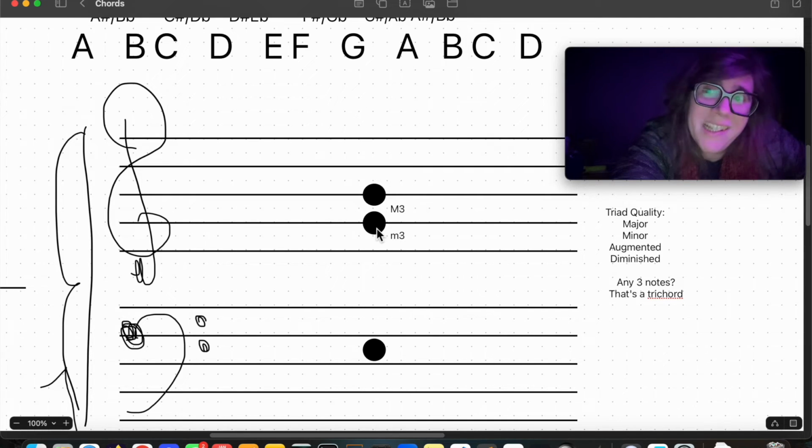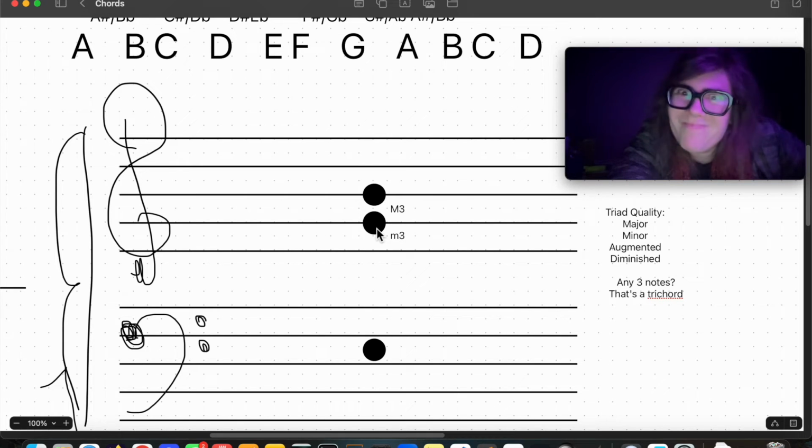It would be pedantic and missing the point to say, well, this is actually a minor tenth. Really? No. It's just a minor third, even if it's dropped by the octave.